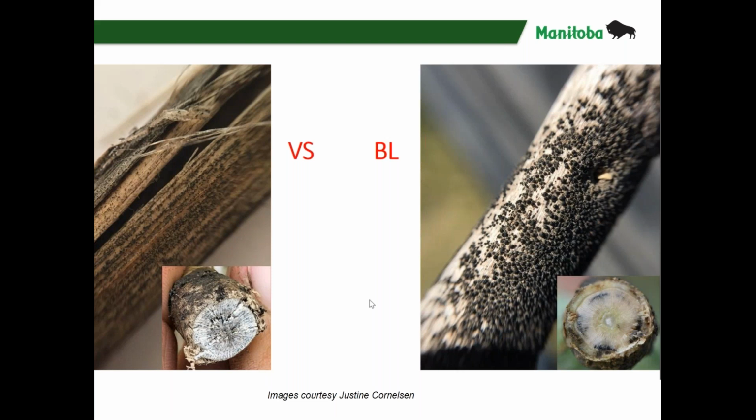They can both be there, and both are larger than the microsclerotia of Verticillium. On the left, again, we see that kind of starburst pattern of gray, and above some of the microsclerotia evident through the stem and the shredding of the tissue.